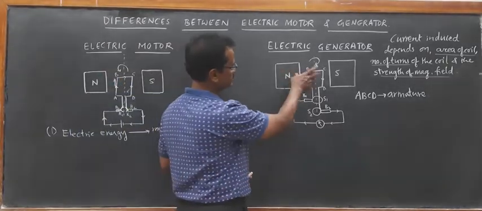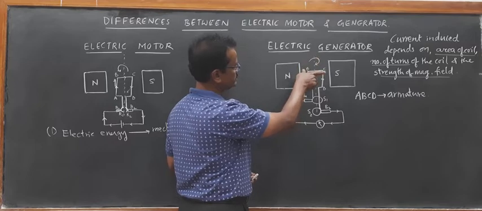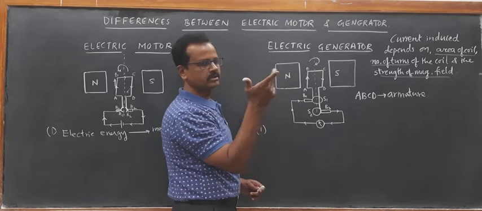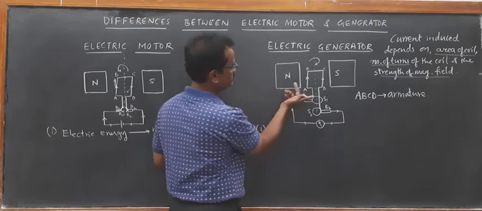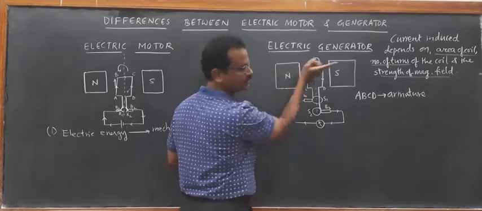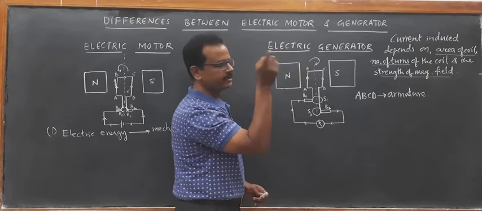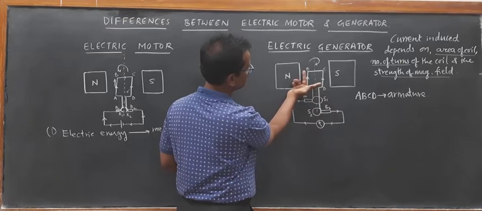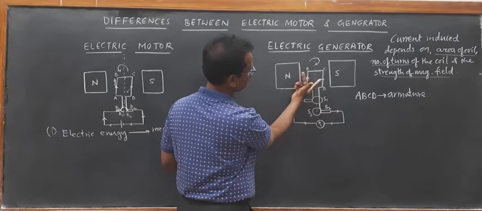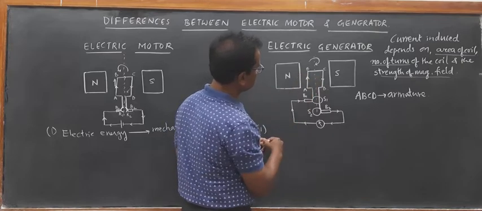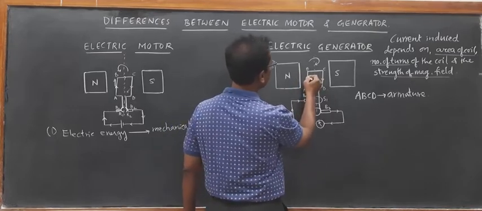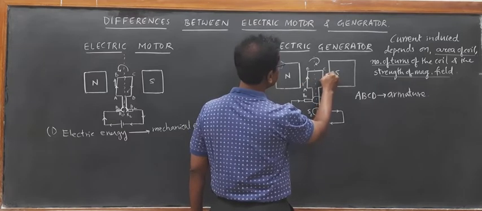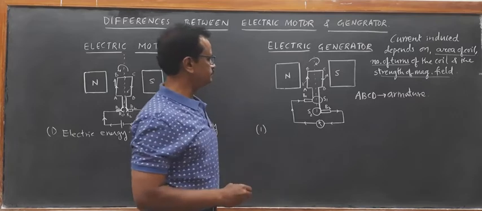The coil rotates, for example, in the clockwise sense. You see, I am using the right hand, Fleming's right hand rule. If this is the direction of magnetic field, forefinger, N to S, and if the central finger represents the direction of current, you see the thumb points towards you. That is, the AB arm moves up, CD arm goes down.